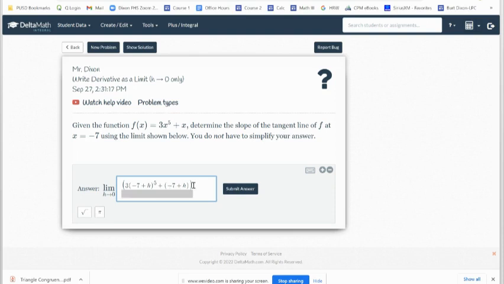Actually, let's see. That was only f of -7 plus h. So then we have minus f of -7. So f of -7 is 3 times -7 to the 5th plus -7.